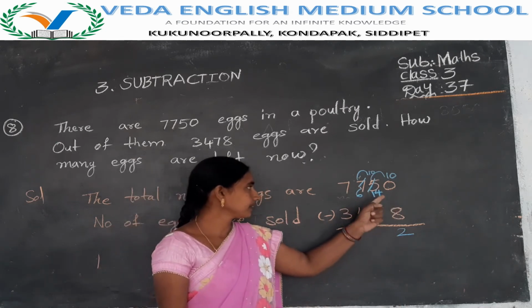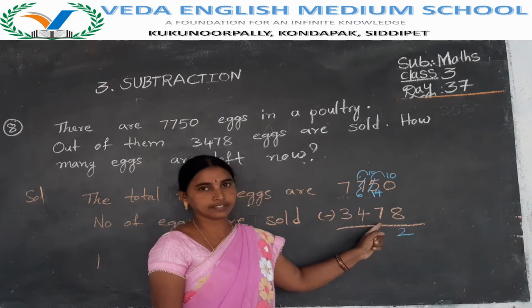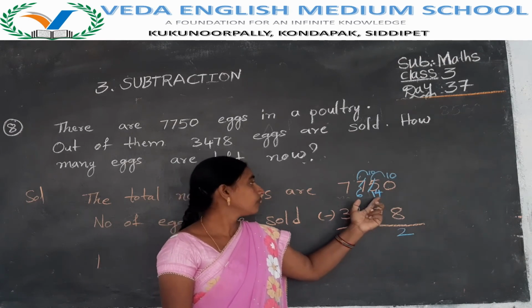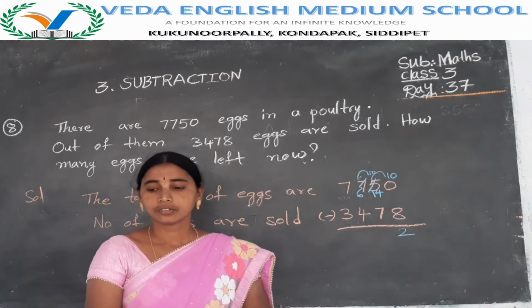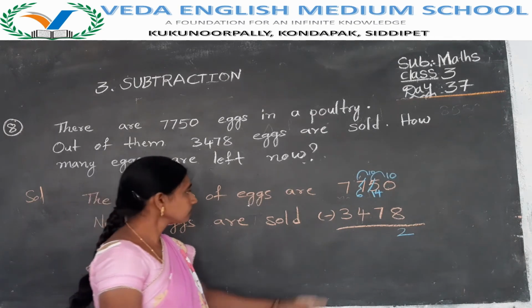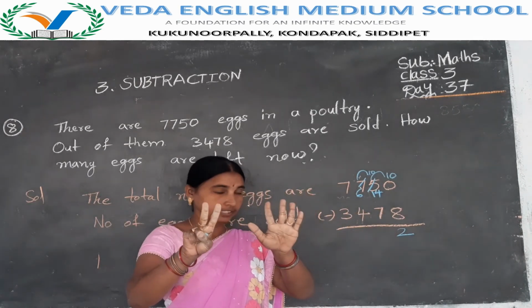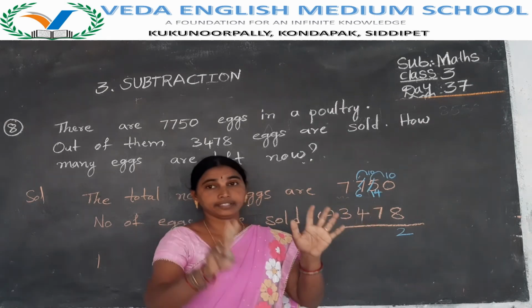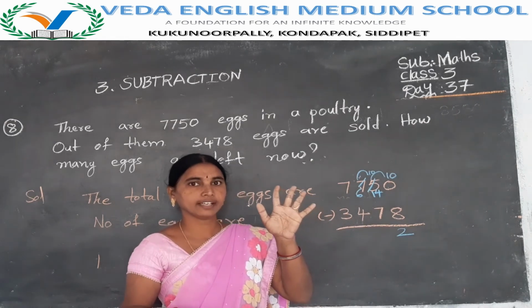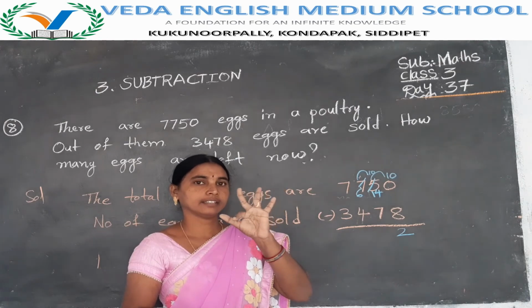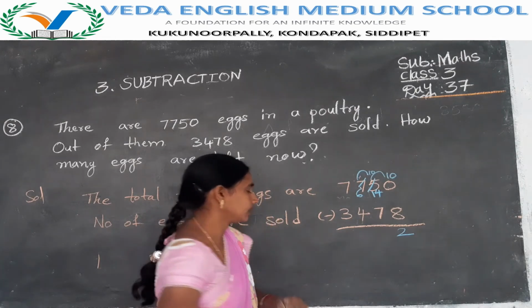Now the tens place: 14 minus 7. Take 7 fingers, backward: 13, 12, 11, 10, 9, 8, 7.